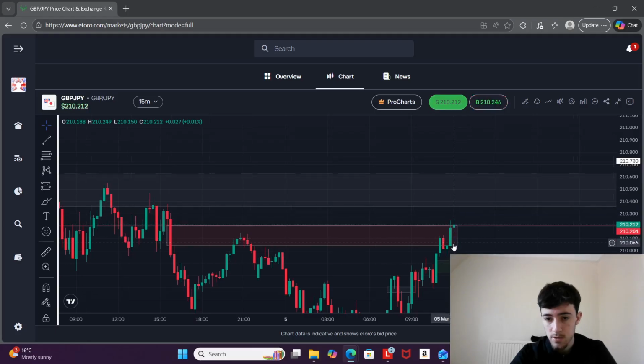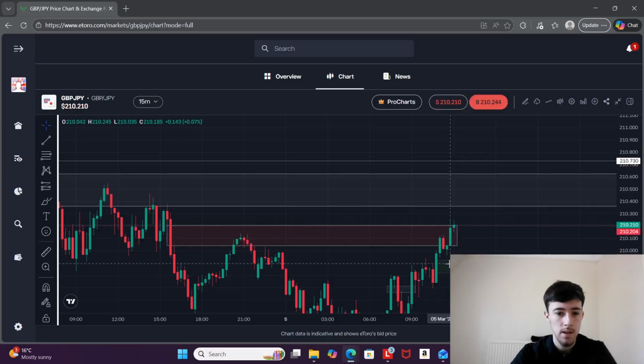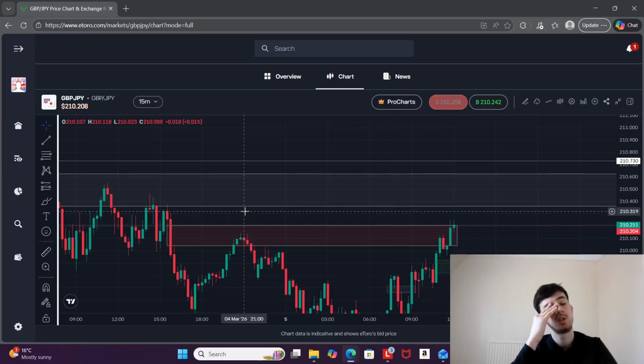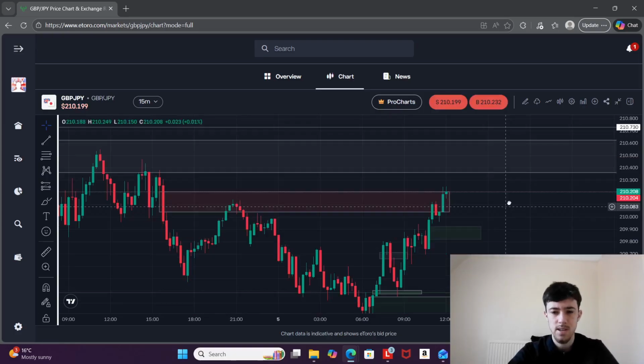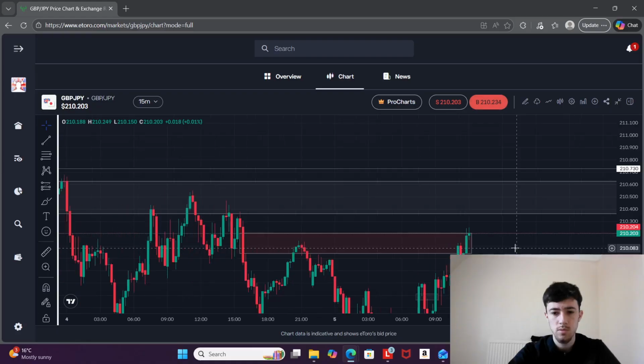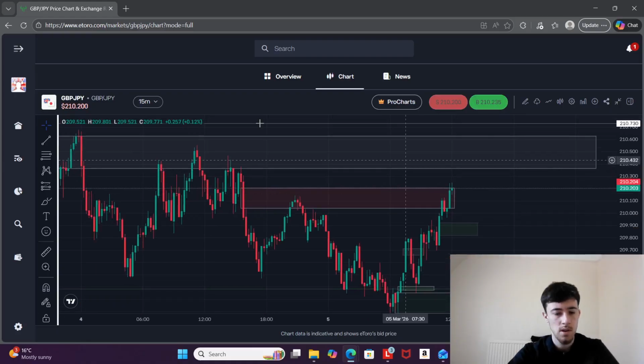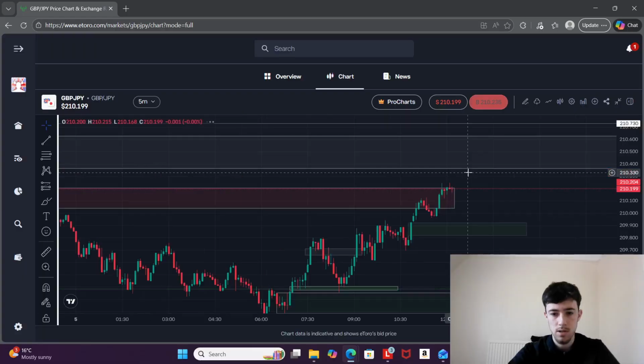And we're about to form another fair value gap there. So I don't know if you want to call this an inverse fair value gap, which I don't know much about yet. I know it's something that is quite useful and it can help you enter trades and stuff like this.